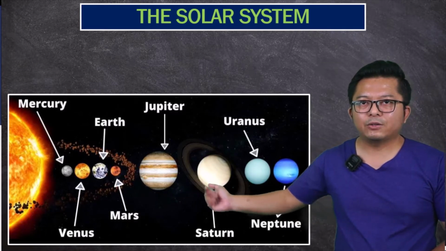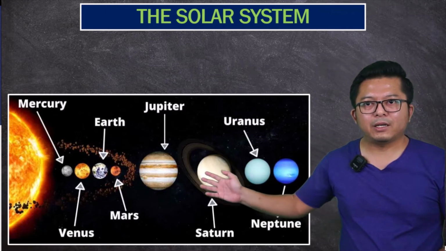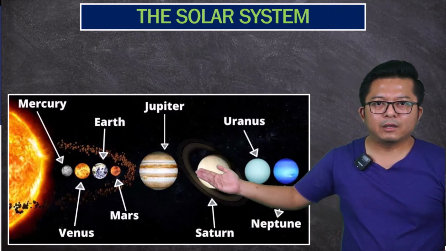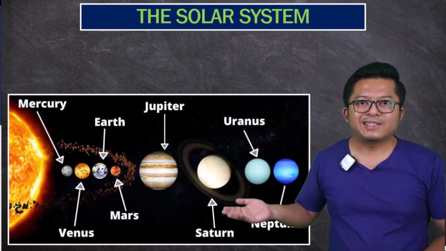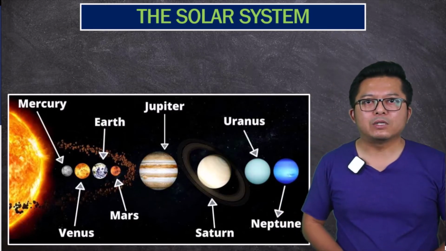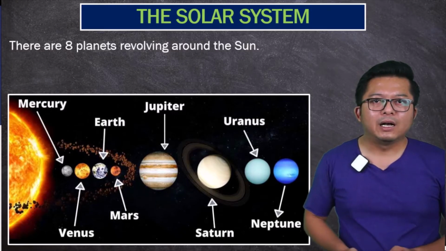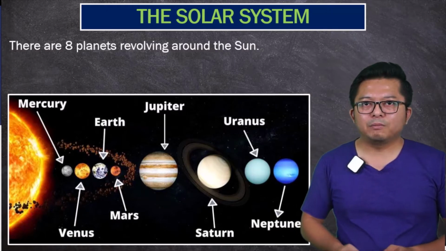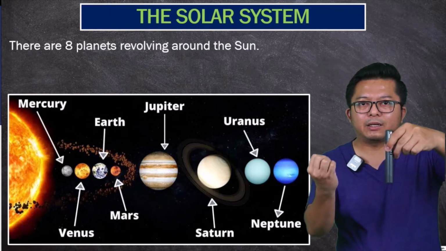If you can see here, actually there are 8 planets, not including the sun, which is not a planet. They are Mercury, Venus, and then Earth, Mars, Jupiter, Saturn, Uranus and Neptune, the 8 planets in our solar system. There are 8 planets revolving around the sun, like we have learned. Revolve means to orbit around the sun like this.